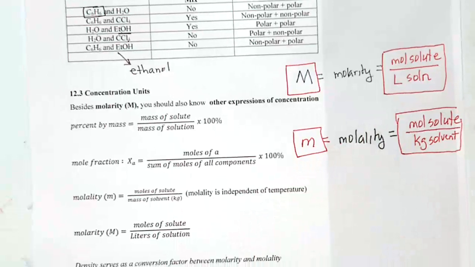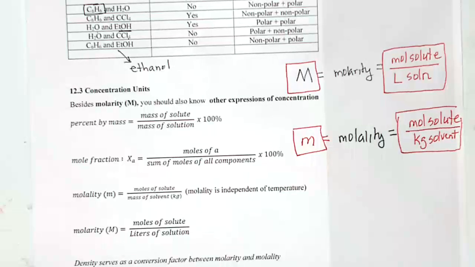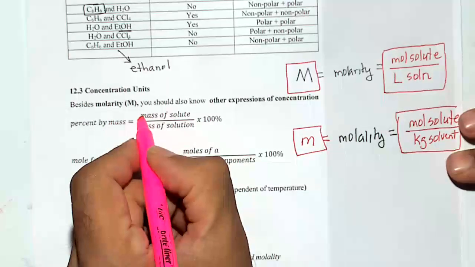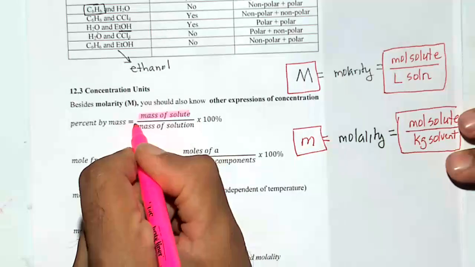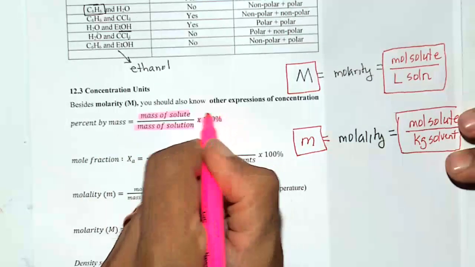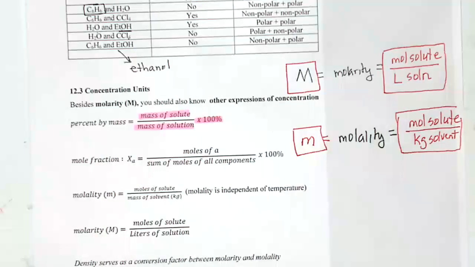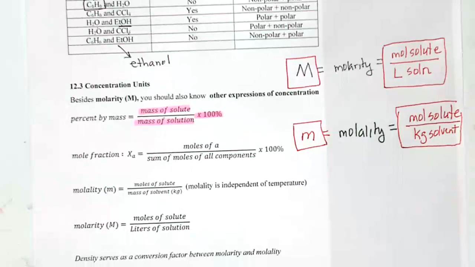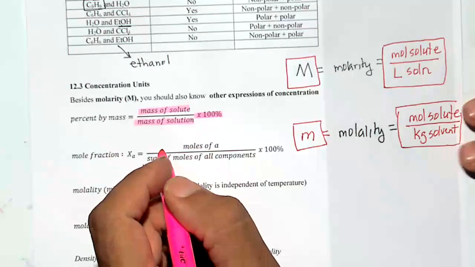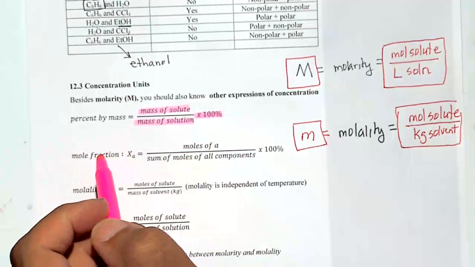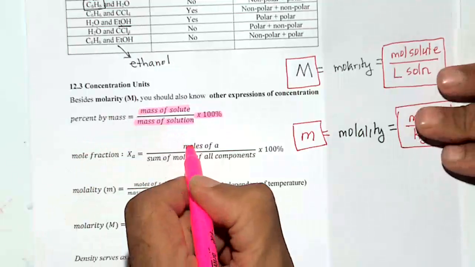Capital M. Okay. We have some other ones here that are kind of basic. Mass percent: mass of solute divided by mass of solution. To get it as a percentage, we multiply it by 100. We have mole fraction, part over whole. Anytime you see the word fraction, it's part over whole.